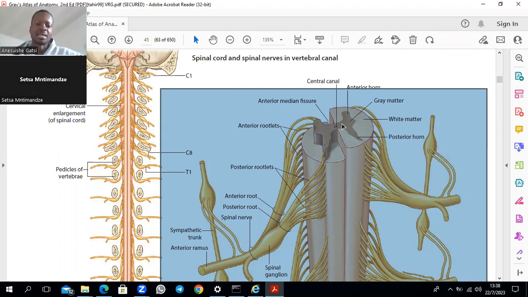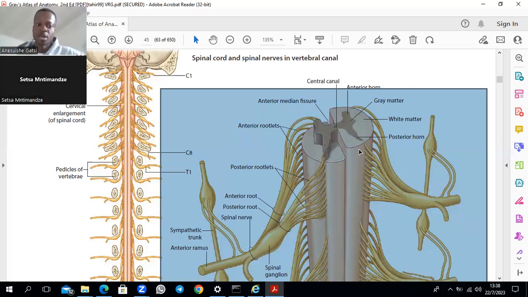That's your gray matter. Then the white matter for the spinal cord is at the periphery, right? So unlike the brain, where the gray matter is on the outside and the white matter is on the inside, for the spinal cord, gray matter is at the center, then your white matter is on the peripheries, right?